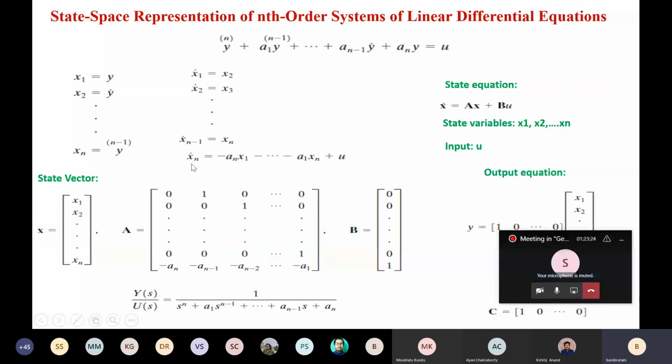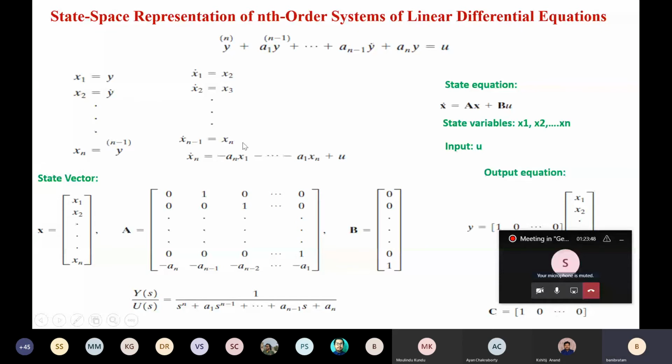xn dot. What will be the xn dot? That is the final term. You can write it in this form: xn dot equals minus an x1, minus a(n-1) x2, dot dot dot, minus a1 xn, plus u. Why?